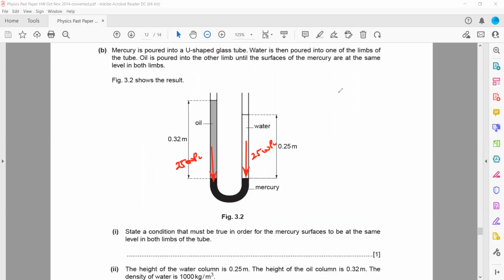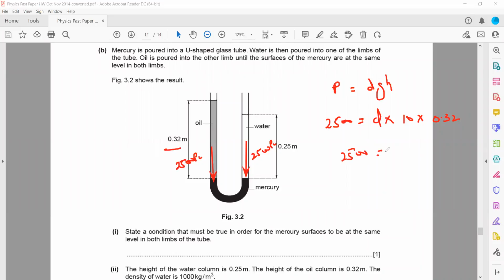Now to get the density of the oil, again the same formula: pressure is equal to density, gravity and depth. So the pressure exerted by the oil is the same as the pressure of the water, which is 2500. The density of the oil is unknown. The gravity is 10 and the depth, how deep it is, 0.32. So 10 multiplied by 0.32 will be 3.2.